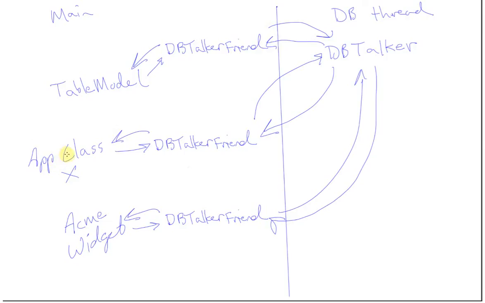And what this does is makes it so that the DB Talker code and the DB Talker friend code won't need to be altered when there are extra functions added to whatever the application specific class desiring to be talking to the database wants to add in the future.